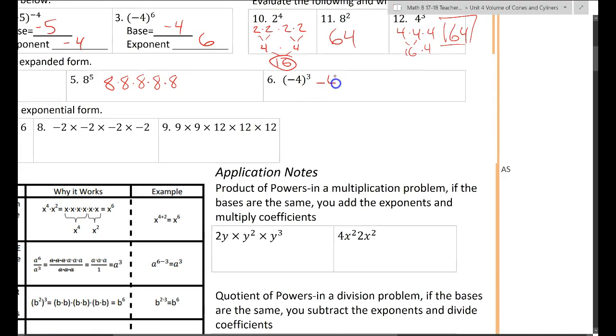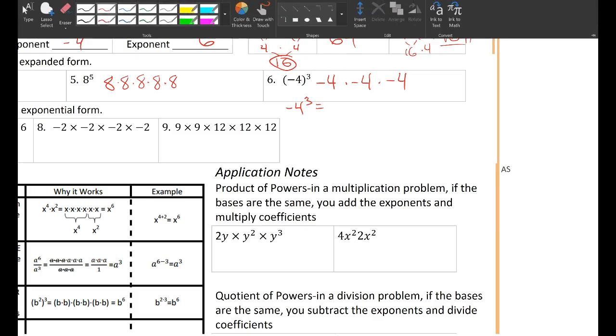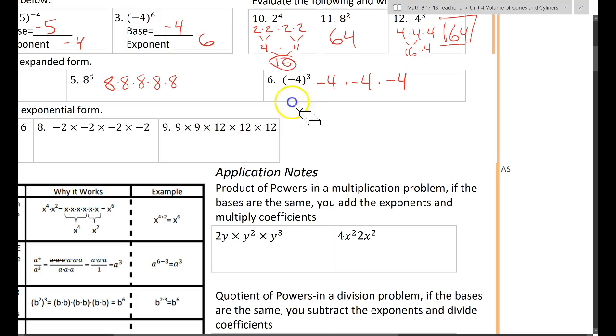This means negative 4 times negative 4 times negative 4. If there weren't parentheses here, if it were just negative 4 to the 3rd, let me do this in a different color so it's not confusing. So this is different. If this were negative 4 cubed, notice there's no parentheses here. It would have been negative 4 times 4 times 4, which means the answer is always going to be negative.